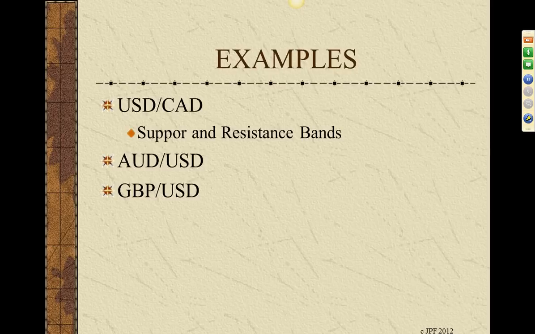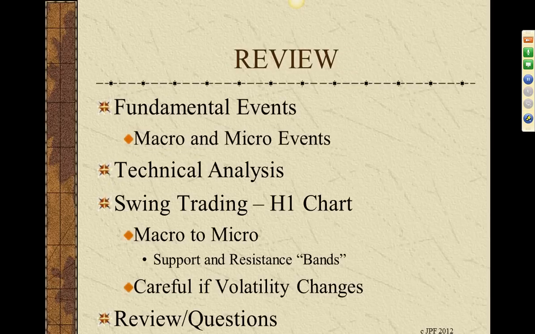Great examples to look for on these 1 hour charts, moving from the daily chart to the 4 hour chart to the 1 hour chart, keeping an eye on other markets and the fundamentals that are big and bold behind the market scenes, as far as Bank of England, Bank of Canada, the Federal Reserve here in the United States, the ECB, all of them speaking. Then try and pick out an area where you see multiple days of support, multiple days of resistance.